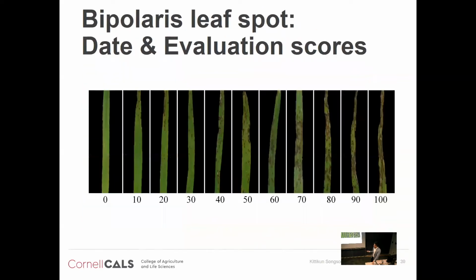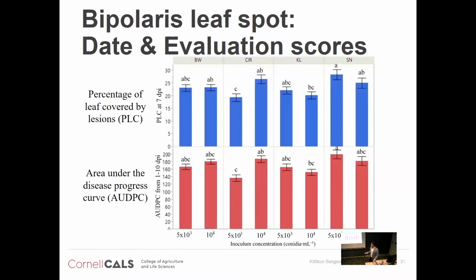These are the scores that I use to evaluate disease resistance, from 0% to 100%, where 100 covers the whole leaf. I have two options: evaluate at only 1 day, as percent leaf coverage by the lesions, or use the area under the disease progress curve from day 1 to day 10.